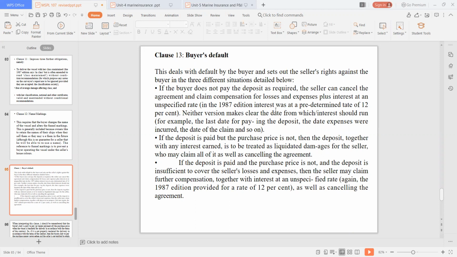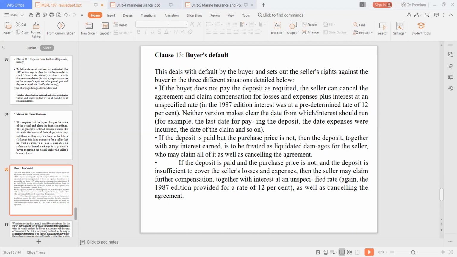In the 1987 edition, interest was at a predetermined rate of 12%. Neither version makes clear the date from which interest should run, right? For example, the last date for paying the deposit, the date expenses were incurred, the date of claim, and so on. These are the various reasons.